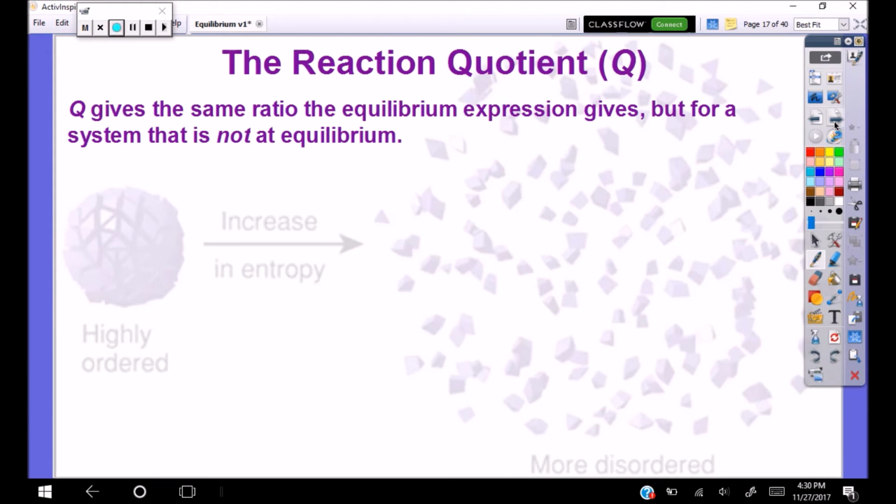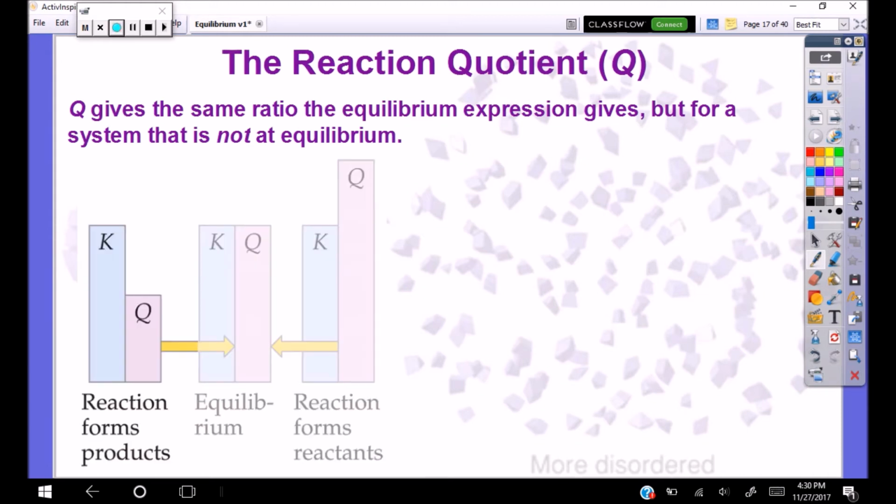So it's the same ratio, but not necessarily at equilibrium. There is a time where K and Q are equal. When K and Q are equal, they are at equilibrium. So that part's nice. Now, if we're comparing K and Q, if Q is less than K, we're going to proceed in the forward direction.